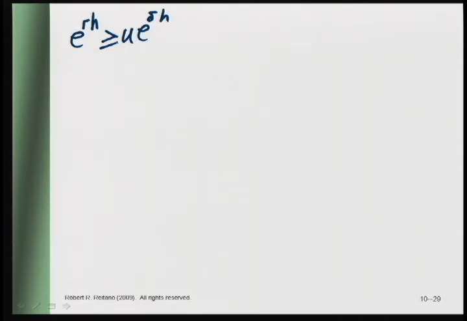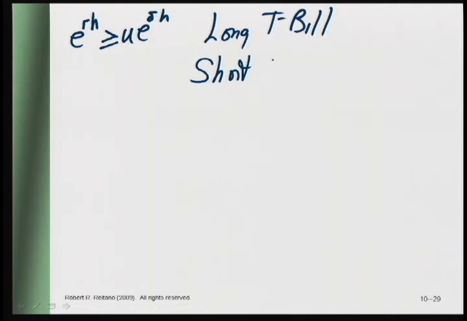So what I'm going to do is arbitrage this by going long T-bill, and I'm going to short one share.